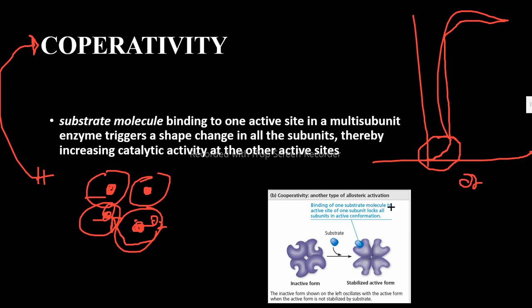Binding of one substrate molecule to the active site of one subunit locks all subunits into the active conformational change. So it opens other active sites, and the other active sites are willing to receive a substrate. That is what we refer to as cooperativity. They are cooperative.